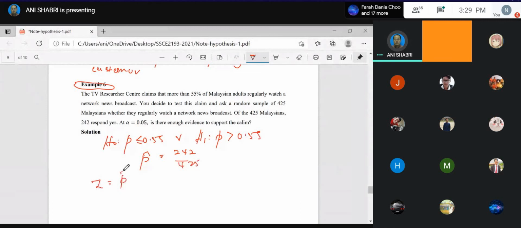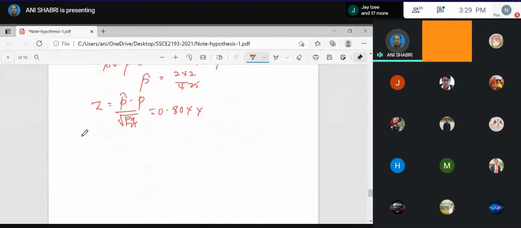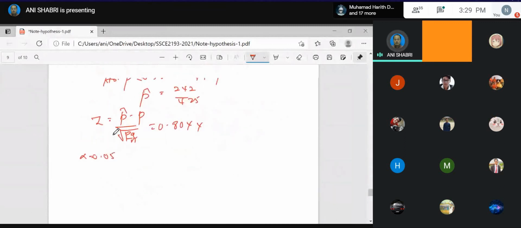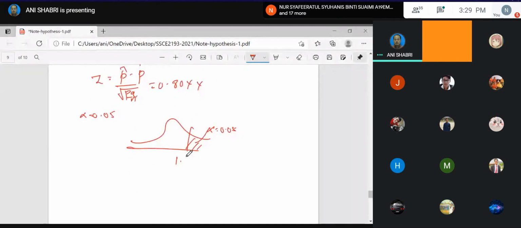From here alpha is 0.05. This one is greater, so the region is on the right hand side. The critical value is 1.6449.